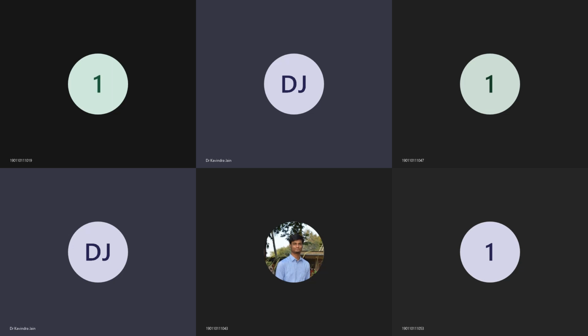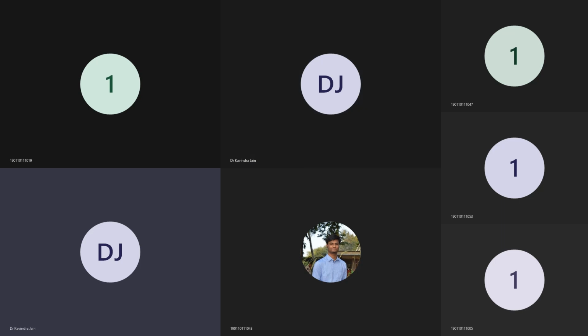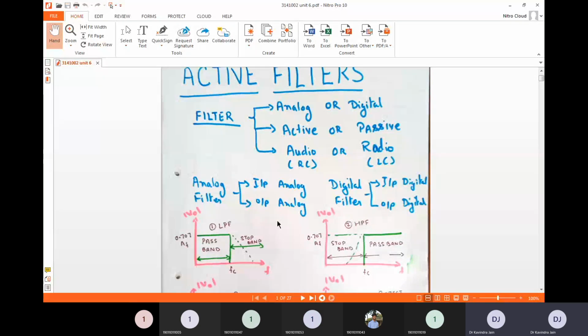In active filters, we have proceeded with the very basics of what is filtering, what are the various categories of filtering, what is low pass filter, what is high pass filter, what is band reject filter, etc. During this explanation, we had started with few terminologies, that is FL, FH, FC, etc. That is cutoff frequency, lower cutoff, higher cutoff, etc. We had further started with first order low pass Butterworth filter.